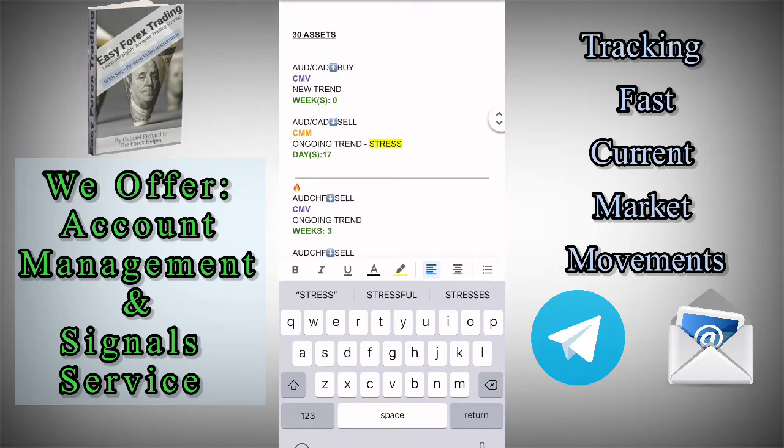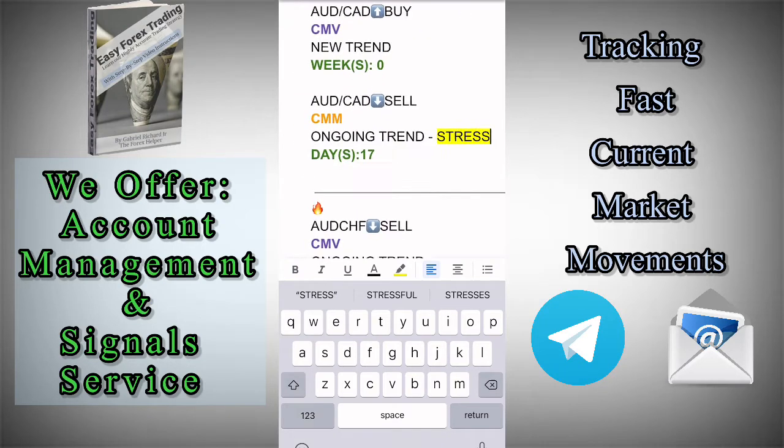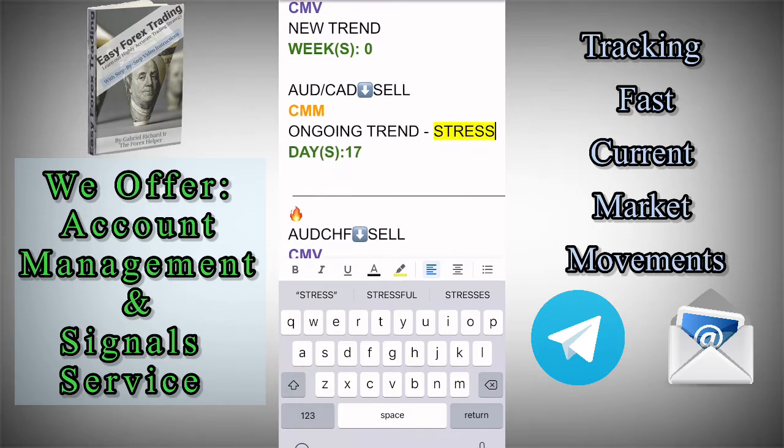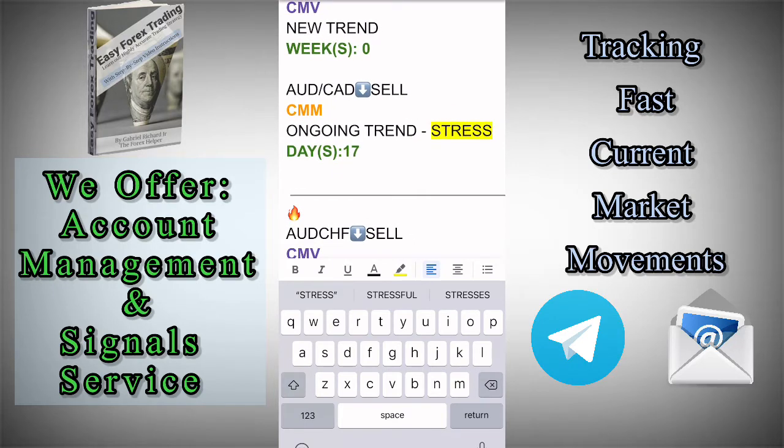We see here Australian Canadian dollar current market movement is a sell. If there's a stress indicator in the current market movement area, that means by default it's automatically considered opposing. It's going opposite of the current market movement.